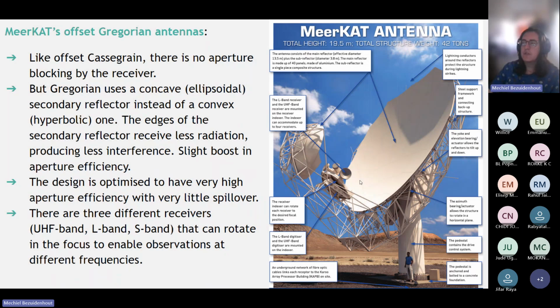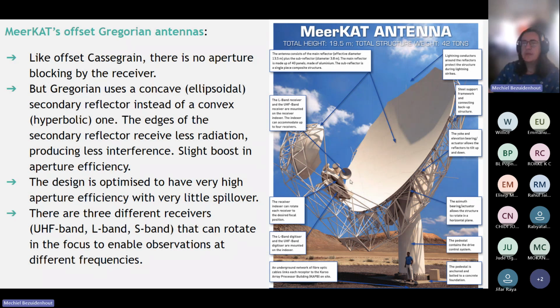So each of those corresponds to a different receiver that receives different frequencies: the UHF band, the L band, and S band. And there's space to add some more receivers if we wanted to. So this is a very handy way of making Meerkat multi-frequency and extending the range of frequencies that we can observe at.